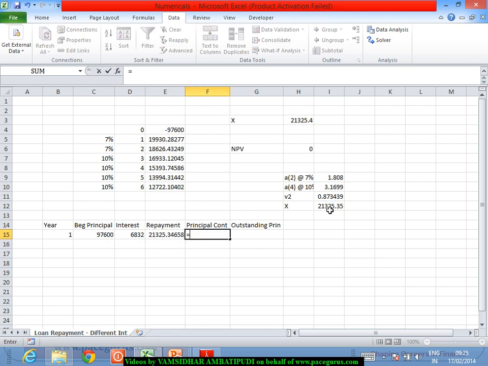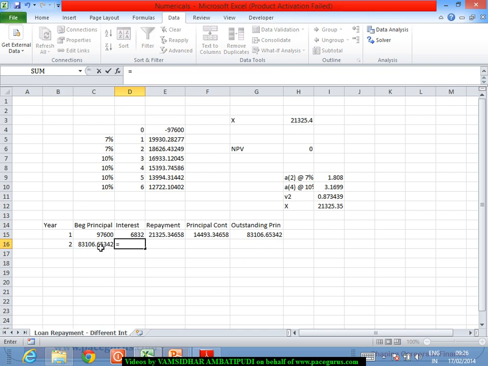So the principal contribution in this case is whatever you have repaid minus the interest portion of it. So that is the principal portion, and the outstanding principal is from the base principal whatever is the payment that has already been done. So at the end of the first year, that is the principal that is outstanding, which will become the outstanding balance at the beginning of the second year.